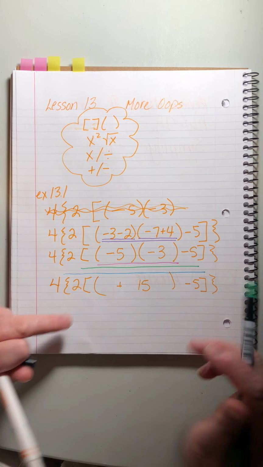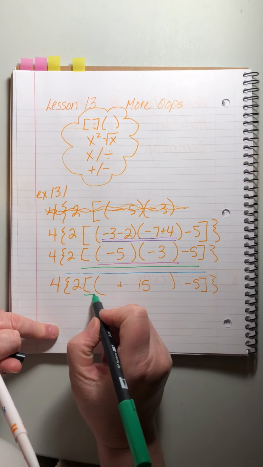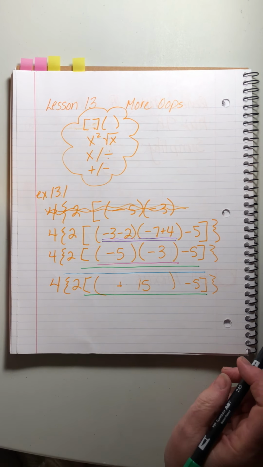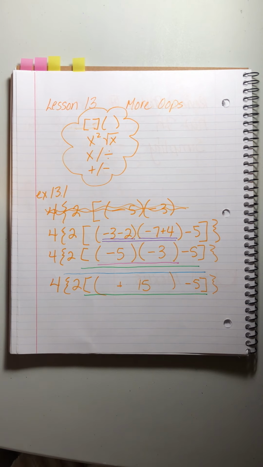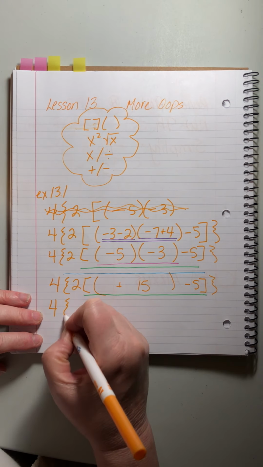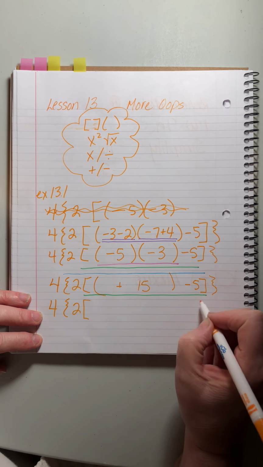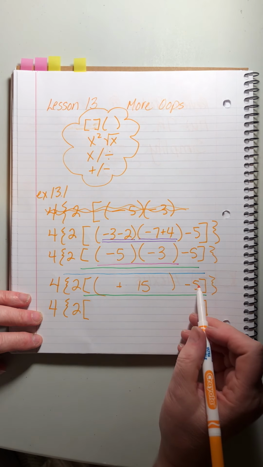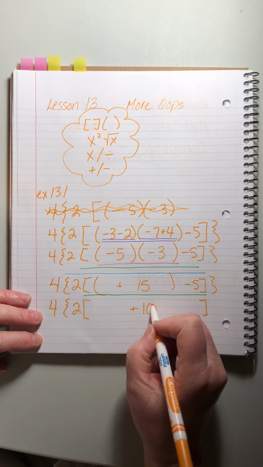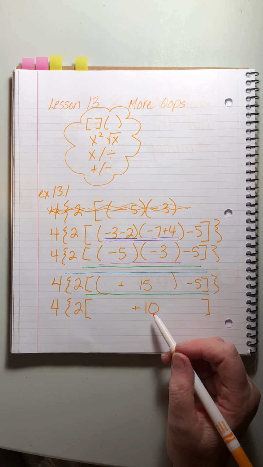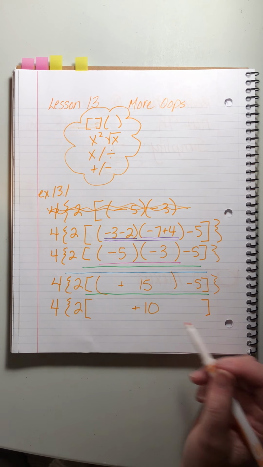So we do the minus 5 first. Do you see that? This is where the square brackets are. These problems are really tricky, so you have to look carefully and keep track of the different shaped brackets and which is outside of what. So this all stays the same, and now our whole square bracket thing is plus 15 minus 5. Okay, that's plus 10. I don't need the plus sign, but I like it because it helps me stay really clear on what's happening.